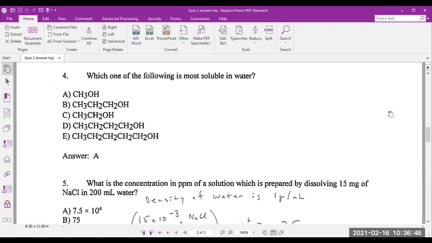We think of the OH portion as the polar portion of the molecule. The CH3, CH2 containing portion is nonpolar. Because of that, the CH3OH has the least amount of the CH3, CH2 portion, and so that makes it the most polar and thus the most soluble in water.